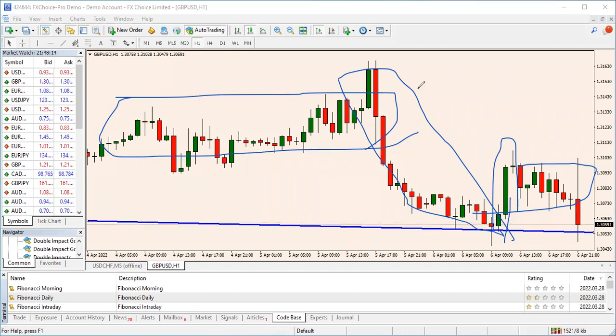Spread is the difference between the bid price and the ask price, right? That is what we call the spread. The spread is the difference between the bid and ask price, and the spread is usually what the broker takes as their commission. Are you getting it?